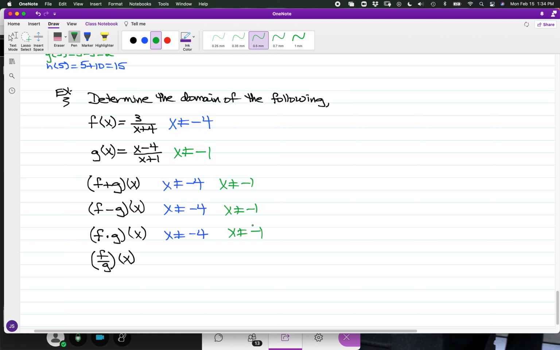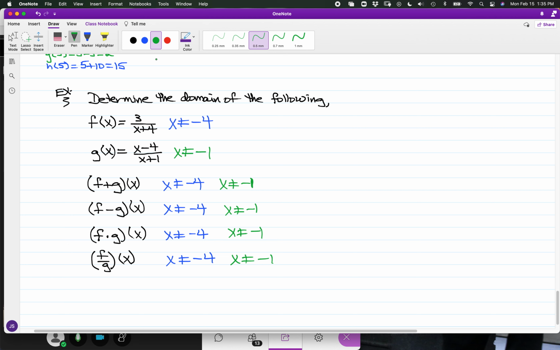To add, subtract, and multiply with both f of x and g of x, f of x has to be kept defined, as must g of x. So we cannot have x be negative 4 or negative 1. And I'm still working with both f of x and g of x in the quotient function, so those restrictions are also going to apply, because I still have to keep both f of x and g of x defined.